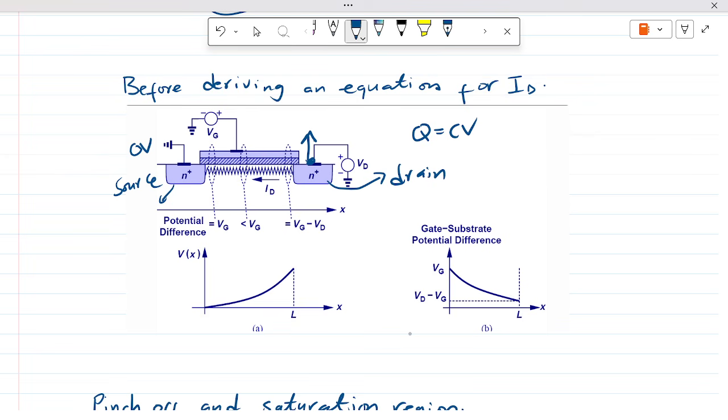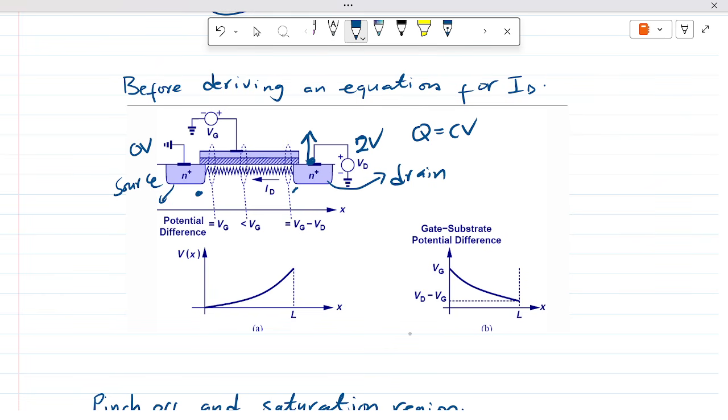Now, assuming I have 5 volts or 2 volts here, then from the drain to the source, the potential should not be the same. We already discussed how the channel creates some form of resistance.